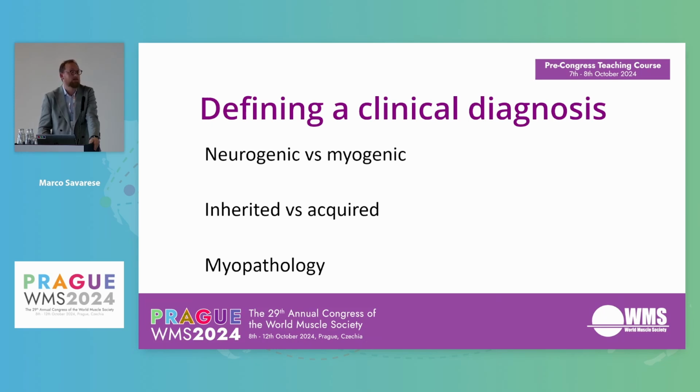Another big issue is the inherited versus acquired, and this is particularly important when you deal with adult patients, where you should consider also the possibility of an acquired condition.